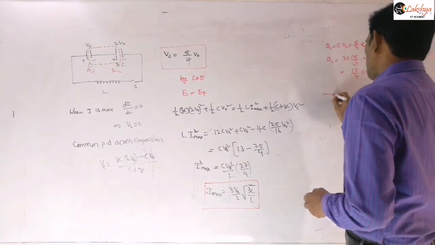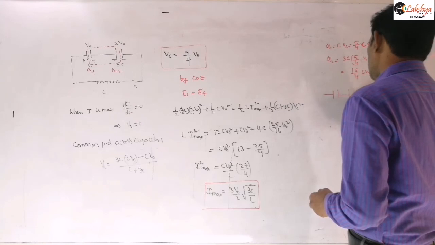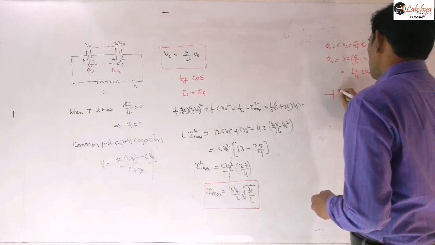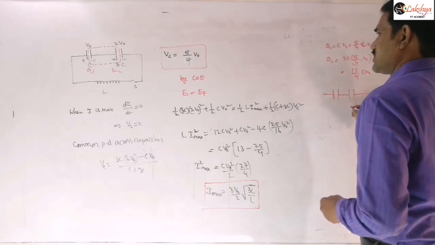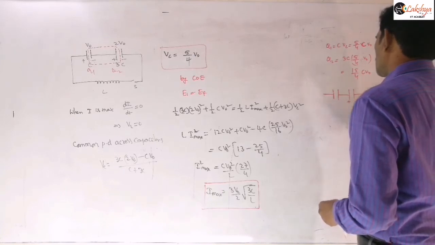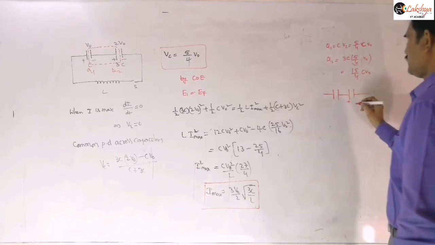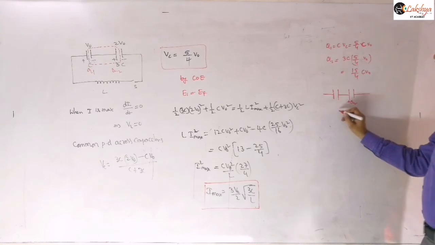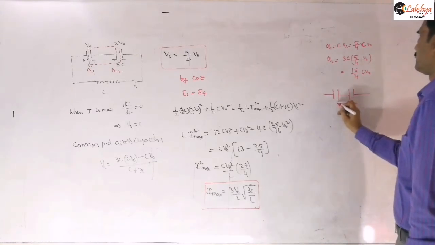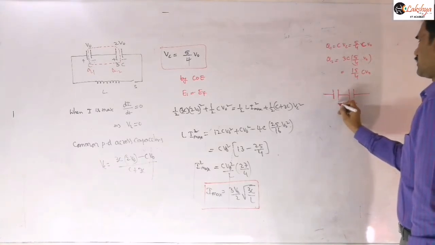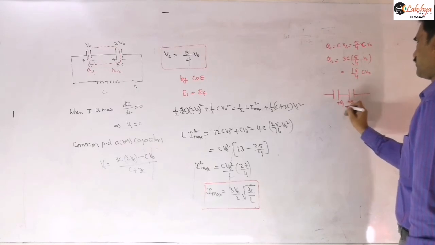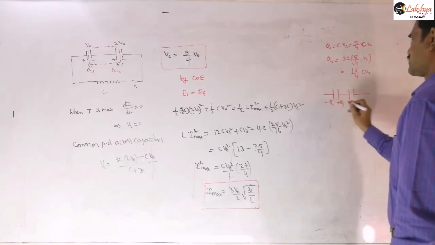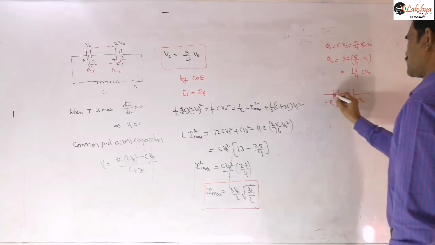And then if you want to represent the polarities also, you can represent these polarities like this. The charge polarities there. So this will be the charge at that instant. This is plus Q2, and this is minus, this is plus Q1. This will be minus Q1 and this will be minus Q2 you will get.